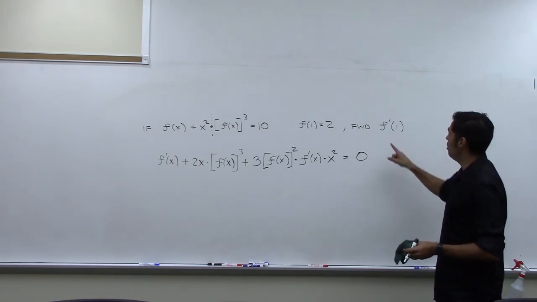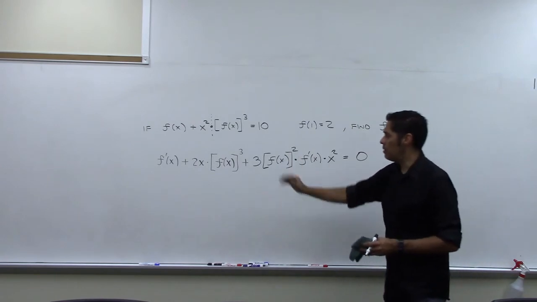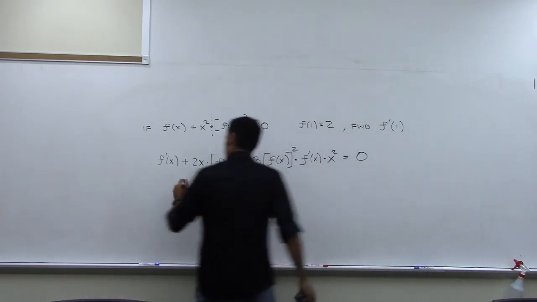I would now like to know what f prime of 1 is. So I'm wanting to know what's happening at the x value of 1. So I'm going to come in here and replace all my x's with 1.